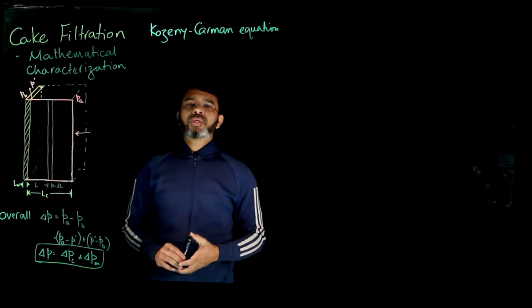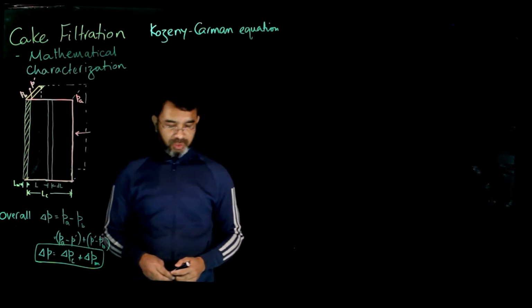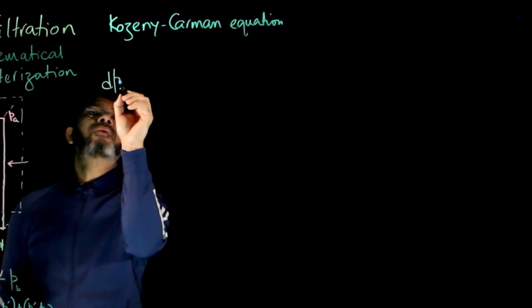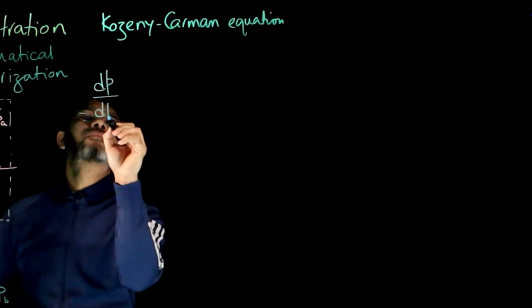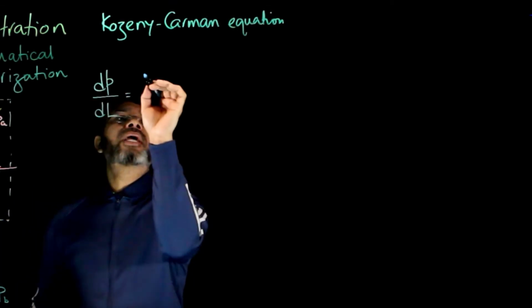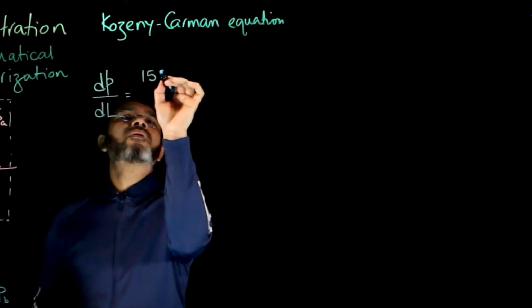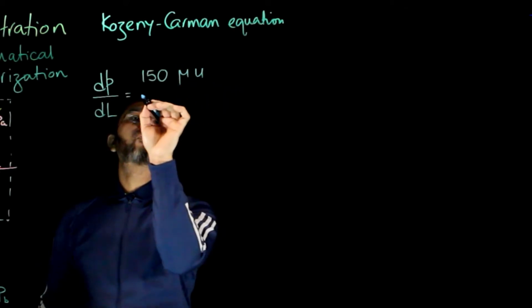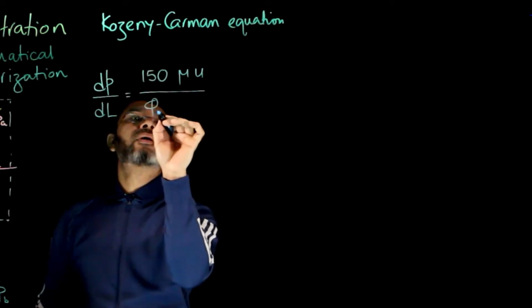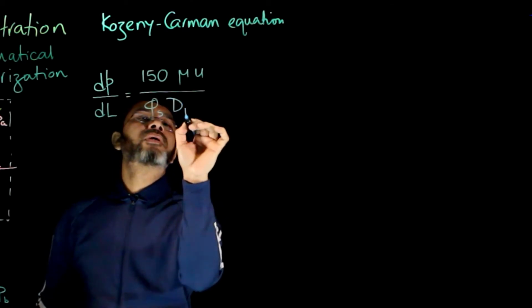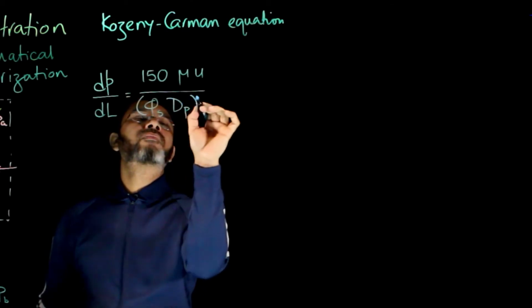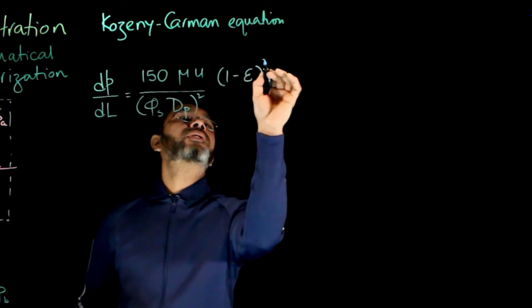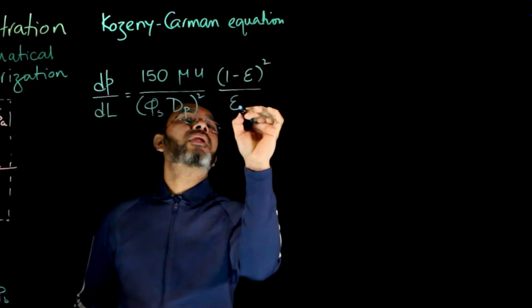Now let's look at what this Kozeny-Carman equation says. This equation represents the pressure drop per unit length, and this is given by a constant term 150 mu u over phi_s dp squared, times (1 minus epsilon) squared over epsilon cubed.